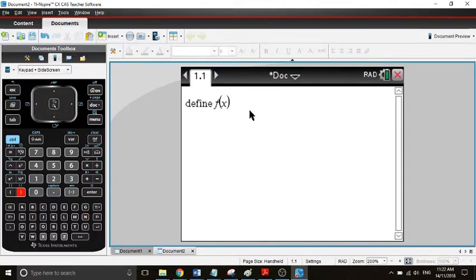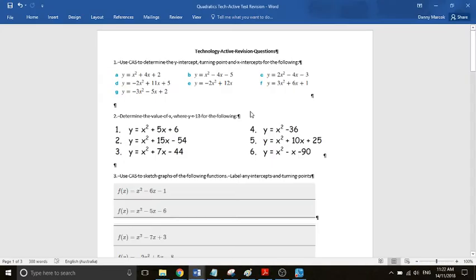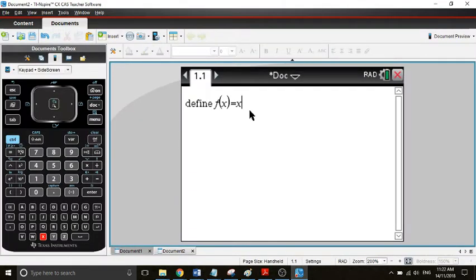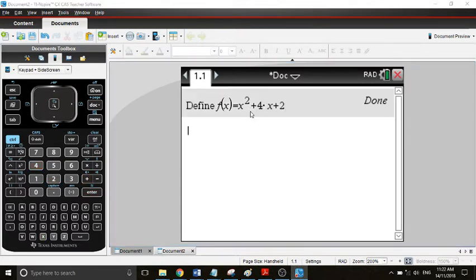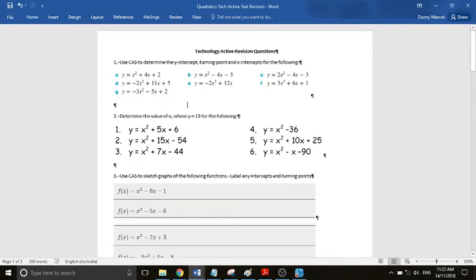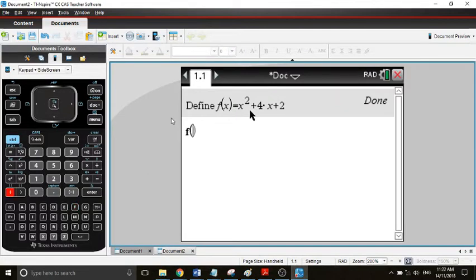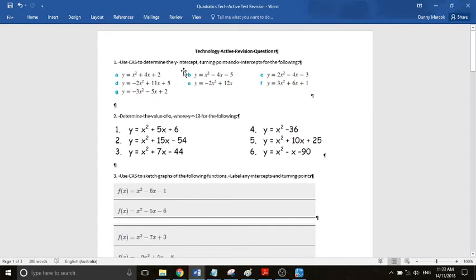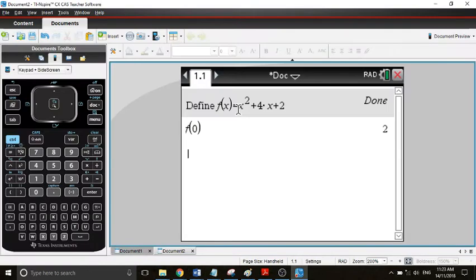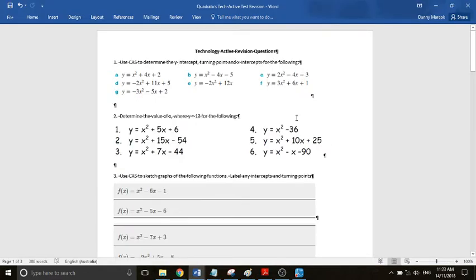So we'll call it f of x equals x squared plus 4x plus 2, and then from there we're going to determine the y-intercept. So I'll say f of 0, and the y-intercept happens when x equals 0, at 2. The turning point, we complete the square, but we won't do that just yet.